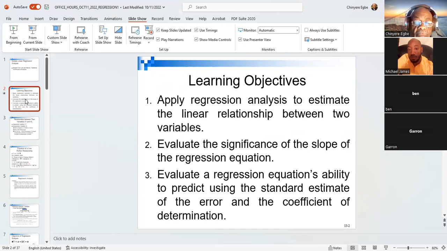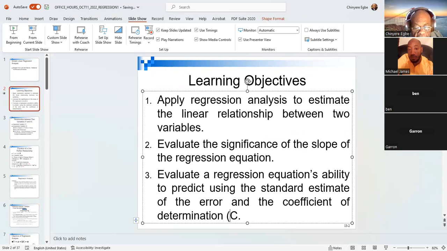For this class, we will focus on the coefficient of determination. I'll call it what it is. It's R squared.